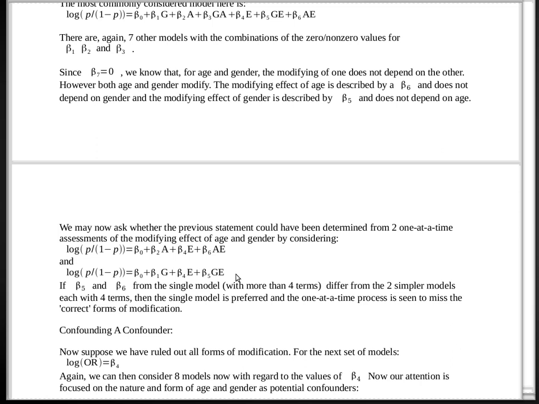These are the 2 one-at-a-time models in this instance. However, if beta 5 and beta 6 from the elaborate model are different from beta 5 and beta 6 we get from these 2 one-at-a-time models, then we know we need the more elaborate model. We need the one that involves all the terms. And as I said, there are the intermediate forms of this as well.